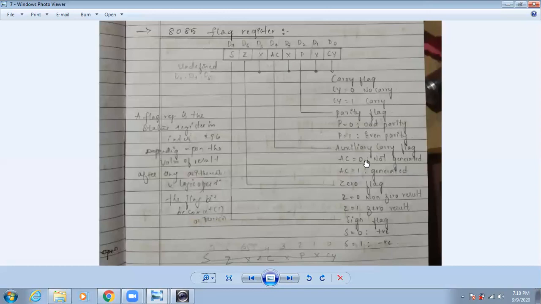Otherwise AC value will be assigned as 0. So here we are giving a connection between D3 bit and D4 bit. So from D3, if you are getting any carry, and that carry value is passed to D4, then the AC value is assigned as 1. Otherwise it is assigned as 0.